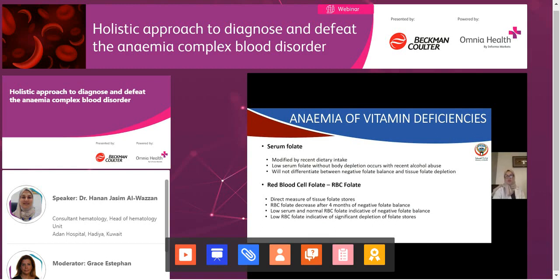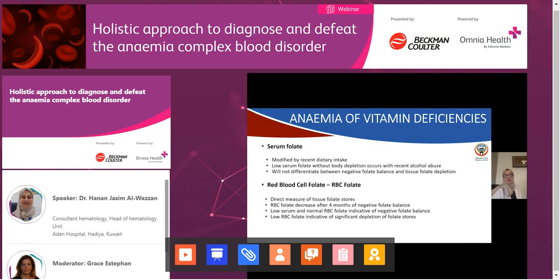For diagnosis of folate deficiency, the serum folate is modified by recent dietary intake. Low serum folate without body depletion occurs with recent alcohol abuse and will not differentiate between negative folate balance and tissue folate deficiency.